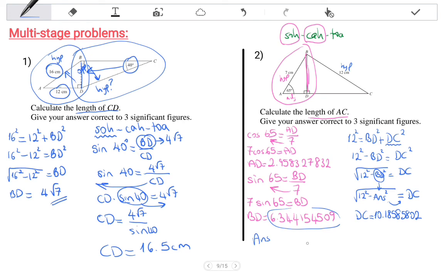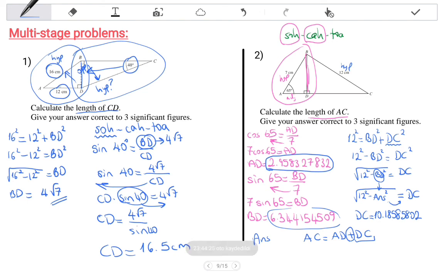Our final answer must be the length of AC. AC is the total of AD and DC. Now your calculator has DC, so keep it on your display. Don't press anything yet. Because you have this, press plus, then copy the value that you found for AD, 2.958327832.